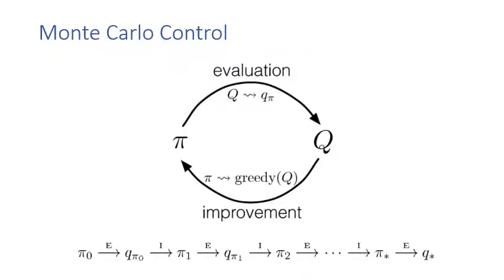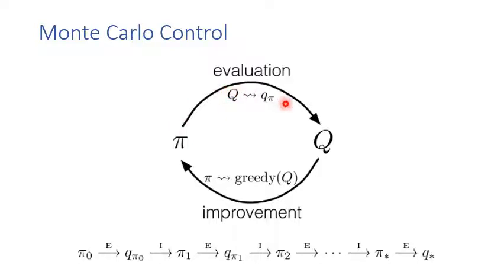Then how can we improve the policy? It's actually the same as other methods. We first evaluate the current policy using the reward from episodes. Then we can use the value function to improve our policy. So it's the same iteration as other methods.